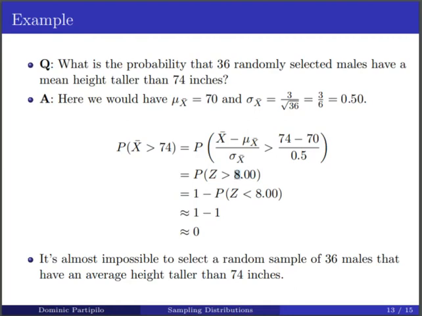So for something to be 8 standard deviations above the mean, it's so incredibly unlikely that the probability of Z being less than 8 is pretty much 1. So we could say this is approximately equal to 1 minus 1, so that's going to be approximately 0. So in other words, it's almost impossible to select a random sample of 36 males that have an average height taller than 74 inches.